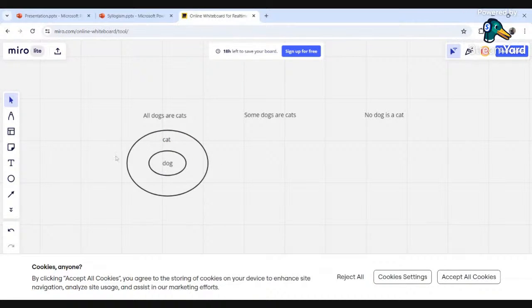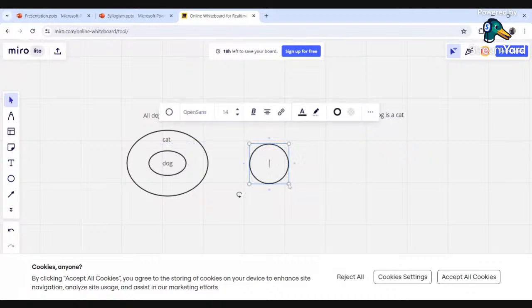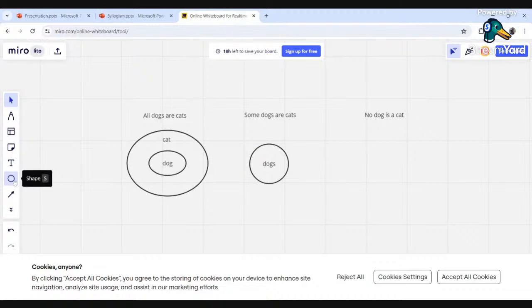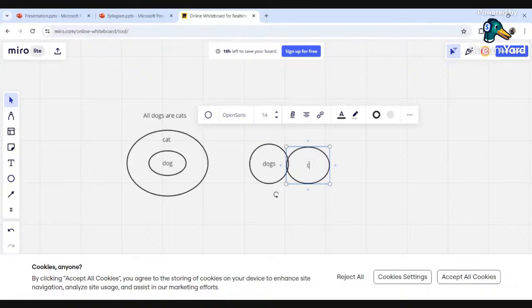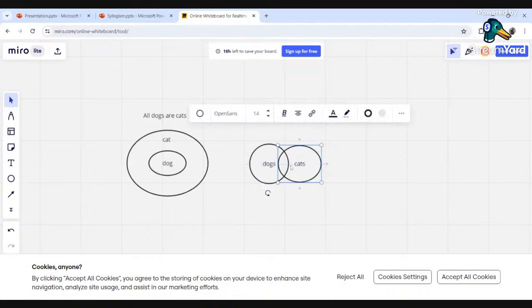All dogs are cats. In a similar way, next you go for a simple one: some dogs are cats, correct? So take it as dogs, take one more circle in a similar way and name it as cats, and now have some intersection.